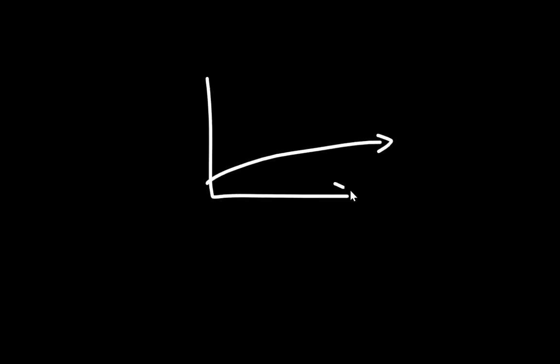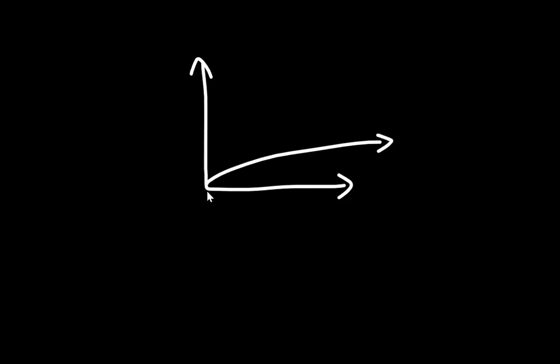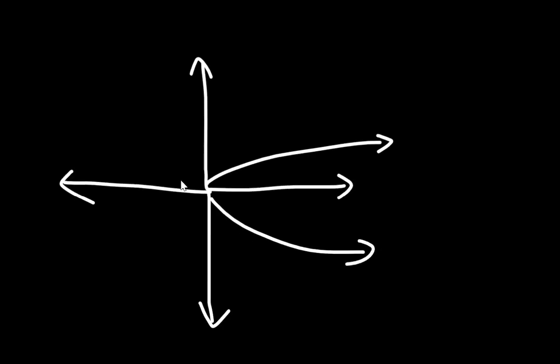Next thing we're going to learn about is square roots. Square root functions look like this. They stay on this side of the graph. You will never get a square root like the other way.